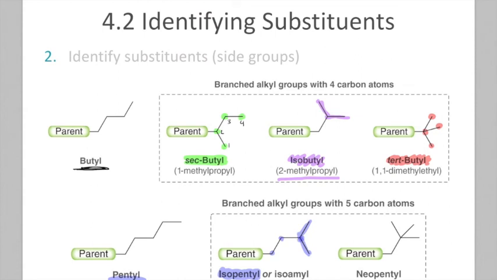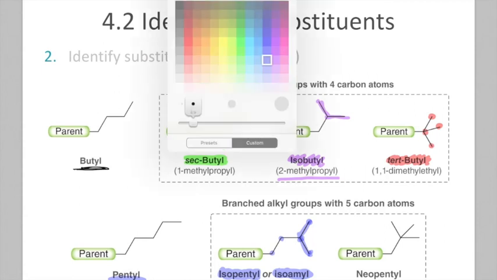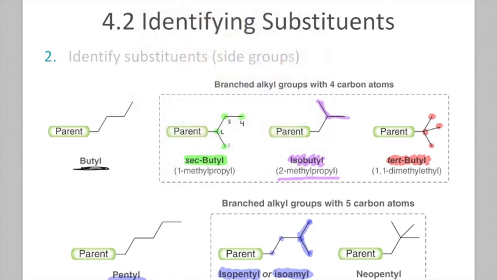Again, 1, 2, 3, 4, 5 carbons. This is also referred to as an isoamyl group sometimes, I have no idea why, probably historical reasons. Isopentyl is fine with me. And then lastly, a neopentyl group. This is the last special common name for a branched substituent that we're going to learn.